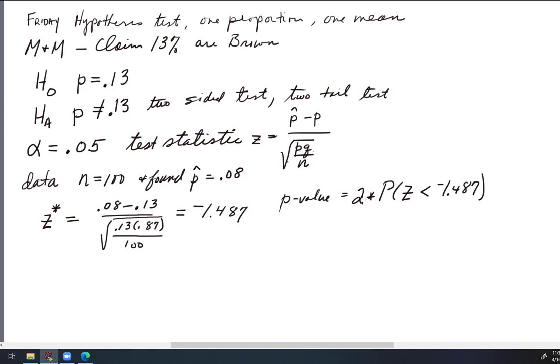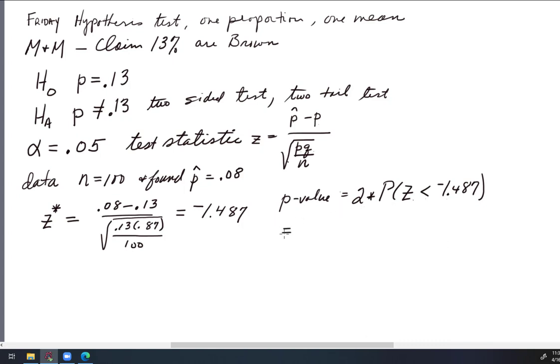It's because it's a two-tail test, and we have to account for the probability of Z observed being this far away in the lower tail or the upper tail. So we multiply by 2. And why is this a less than? Because the observation is falling on the low side, so we want the probability that it's this low or lower, that is Z less than. And that's how we calculate this p-value.